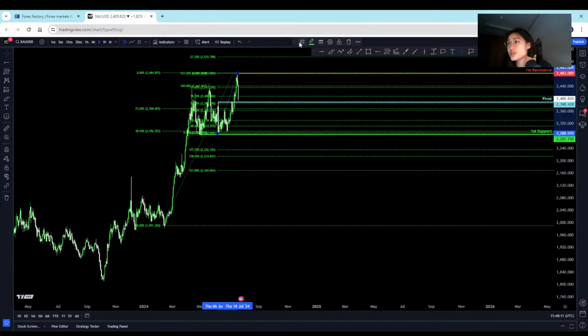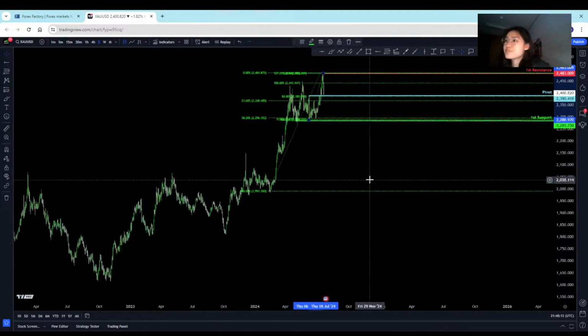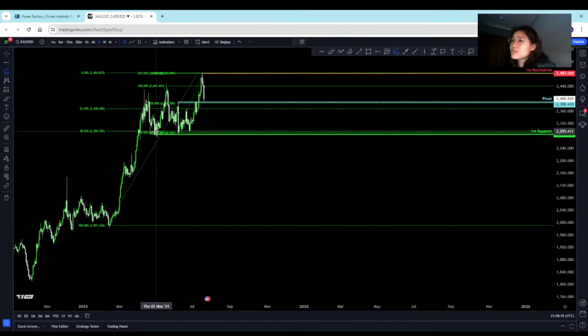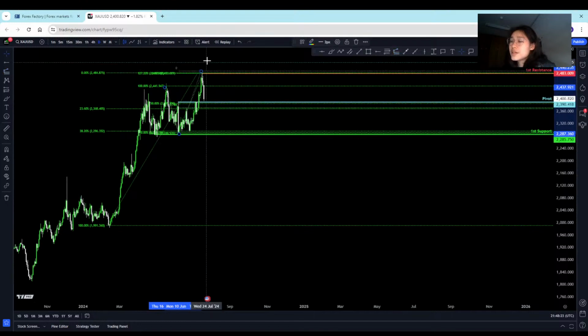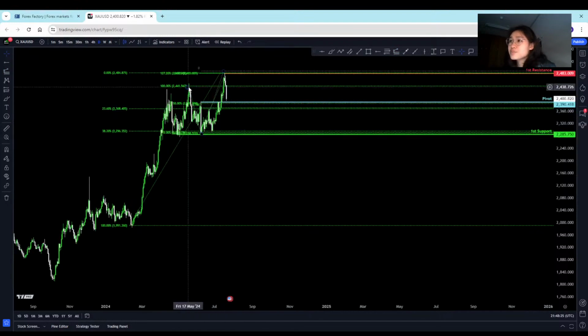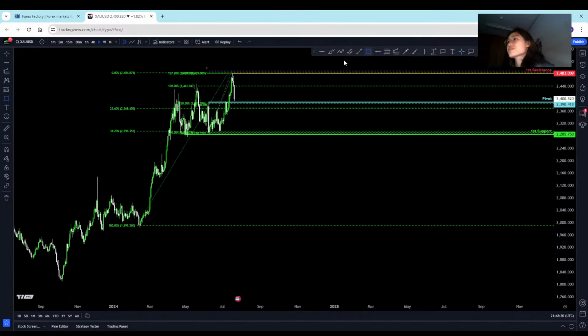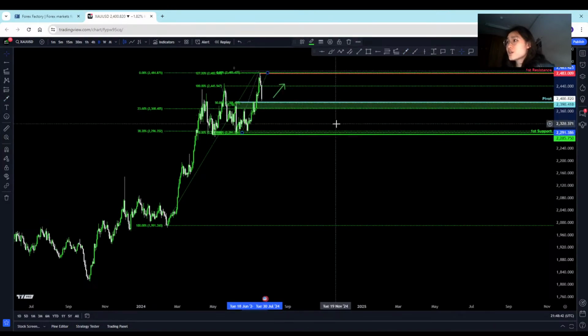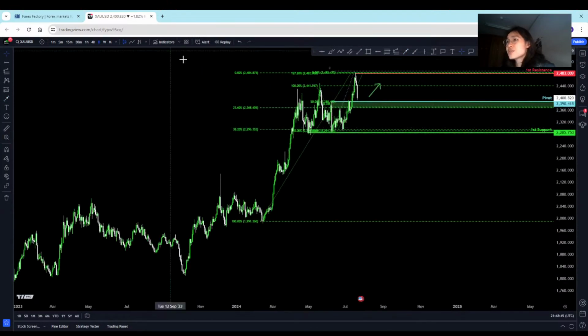That 50% lines up with our pivot. Okay, 78.6 also lines up. And so here we have a confluence area. So I am expecting price to rebound off of that level and hit towards our first resistance.